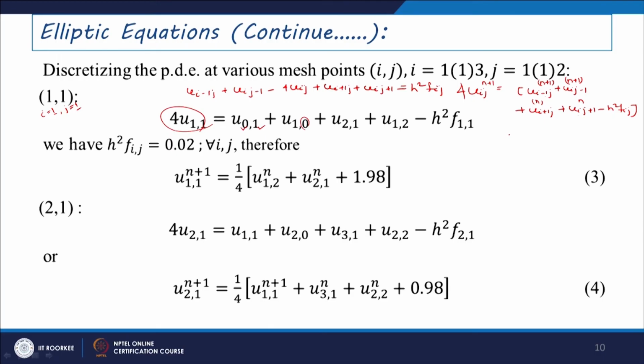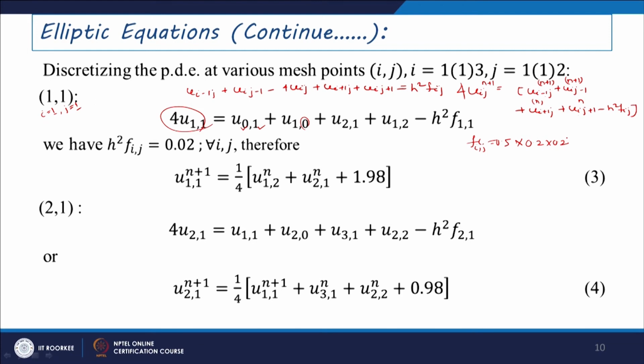Whenever we consider h equals 0.2, f(i, j) is defined as 0.5, so 0.5 times 0.2 times 0.2 gives the value 0.02.